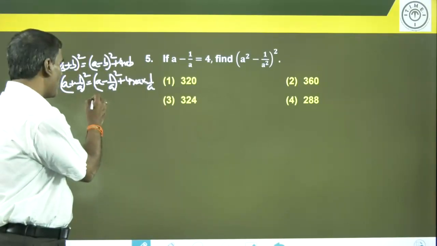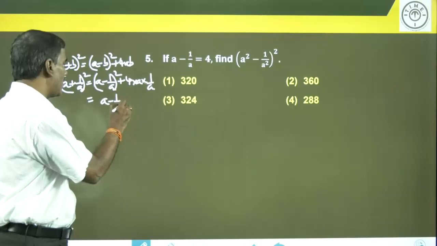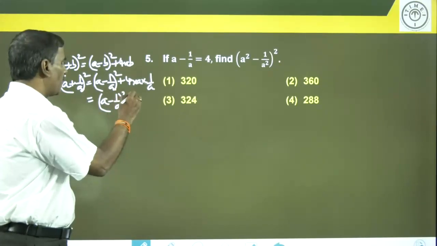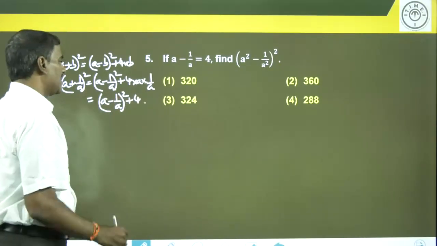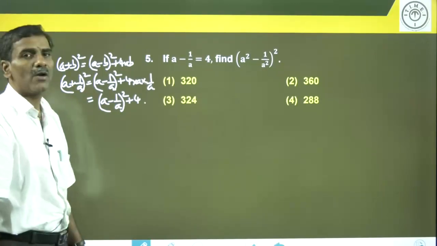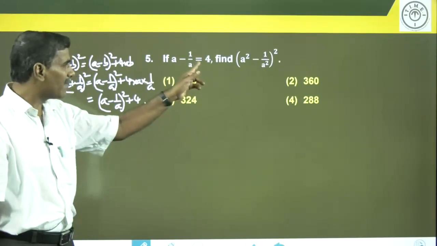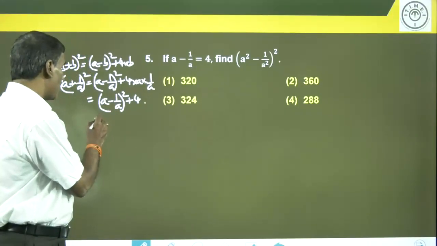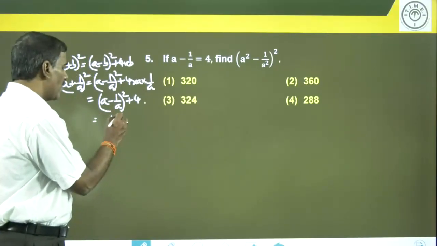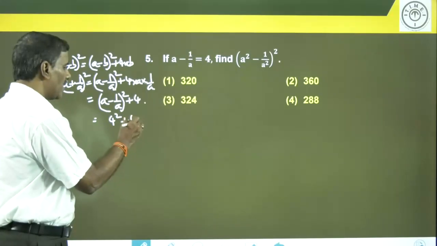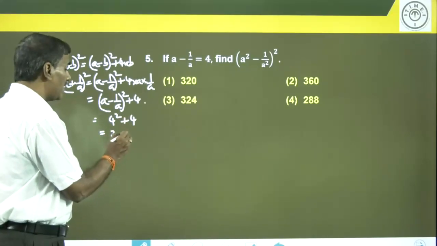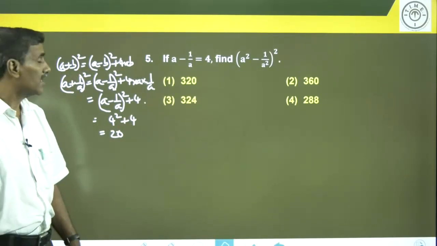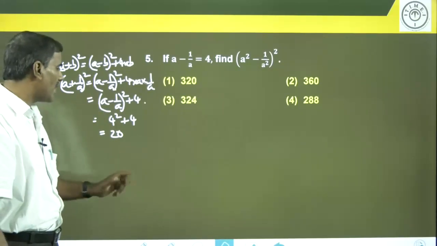So it will become a minus 1 by a whole square plus 4. If we consider that one, that will be equal to a plus 1 by a whole square. How much is a minus 1 by a? It is given as 4. So substituting 4, 4 square is 16, to that we add 4. So that will become basically 20. So a plus 1 by a whole square is 20.